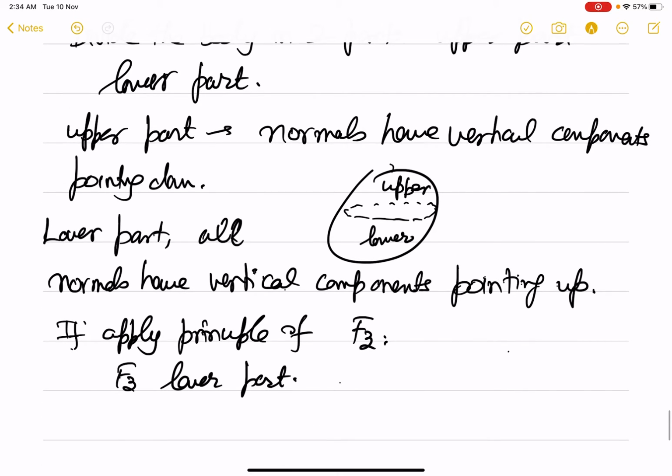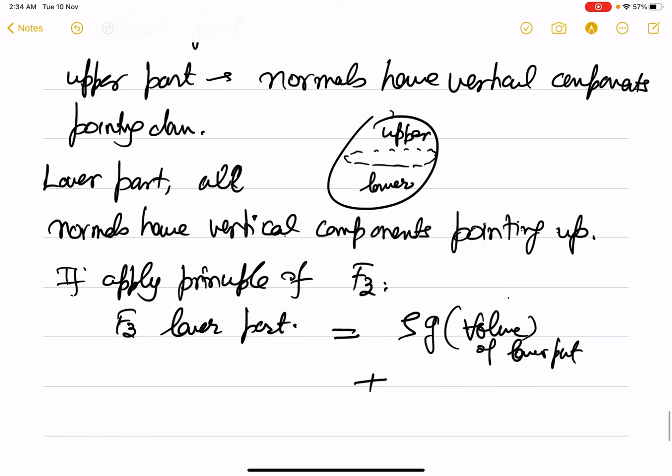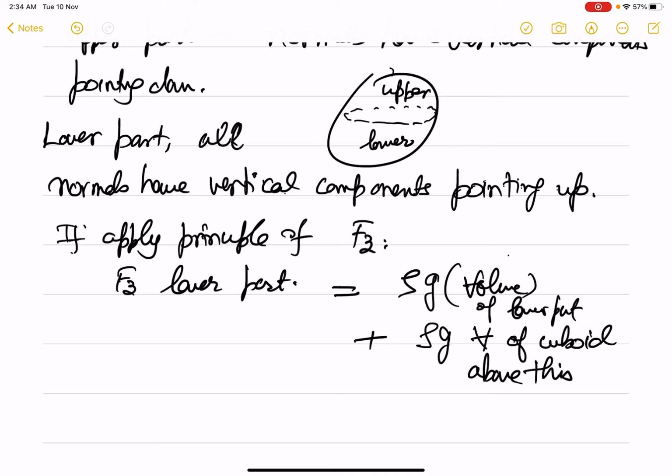This will be equal to rho g times volume of the lower part plus rho g times volume of the cuboid above this, and this will all act in the plus z direction.